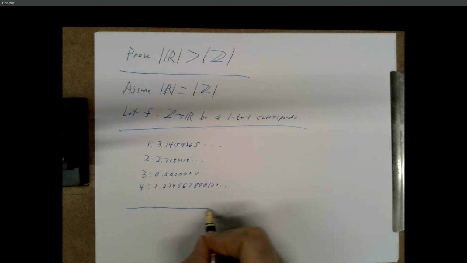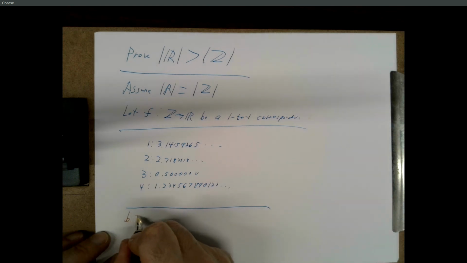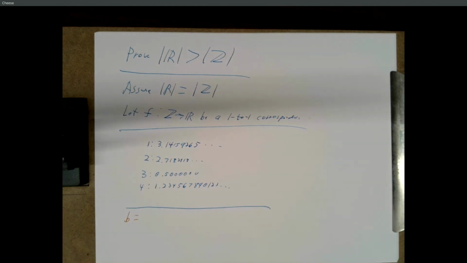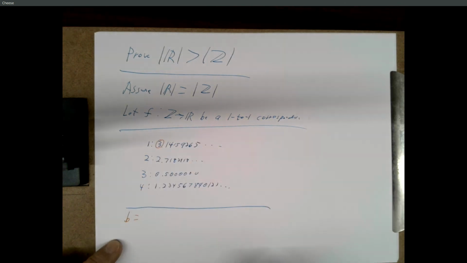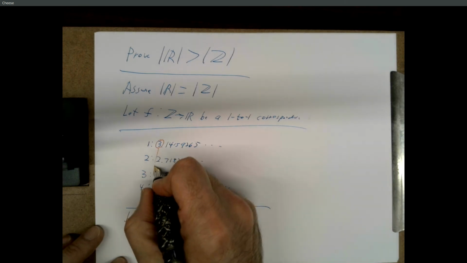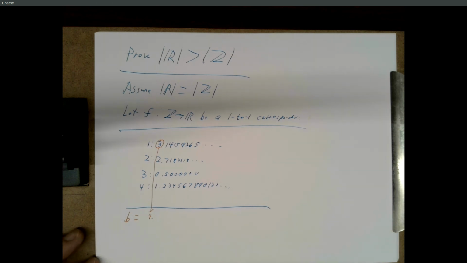And now I'm going to construct a new real number. I'm going to call this b for bad. And here's how I'm going to construct b. The first digit of b is going to be the first digit of this first number plus 1. So this is going to be a 4. I'm assuming I'm just looking at numbers from like 0 through 10.